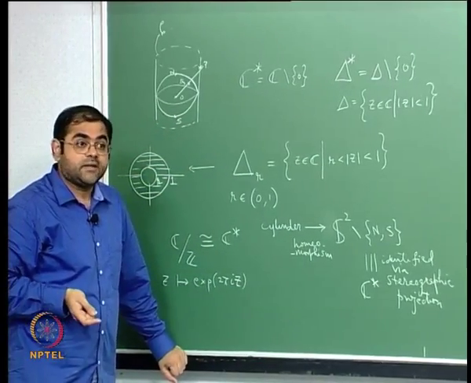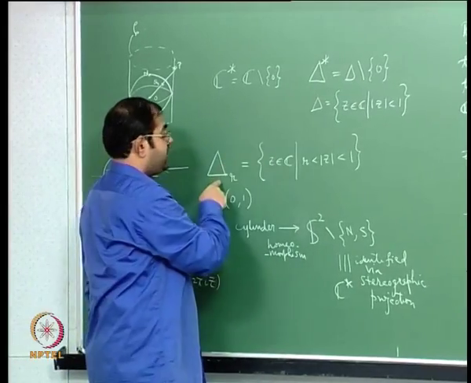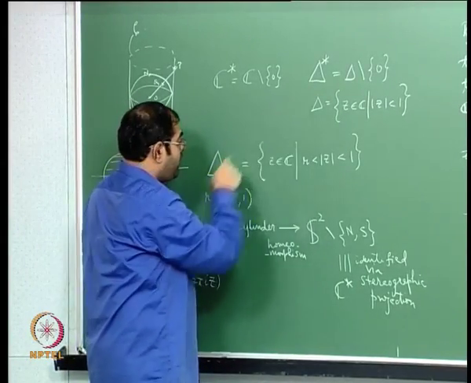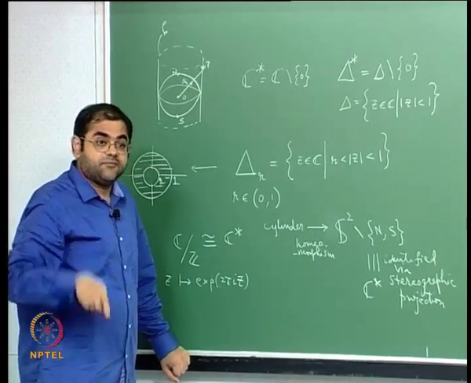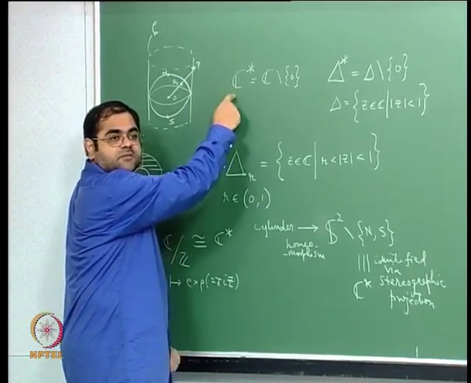So the moral of the story is delta star and delta R are certainly going to give you Riemann surface structures which are different from the natural Riemann surface structure on C star.